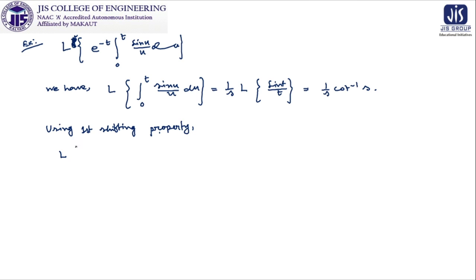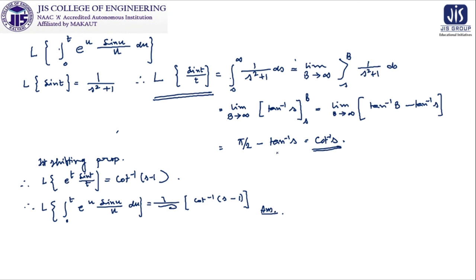So here we can write the Laplace transform of e to the power minus t integration 0 to t sin u by u du is equal to 1 by s plus 1 cot inverse of s plus 1. It is our answer, and in the previous problem our answer was 1 by s cot inverse of s minus 1.